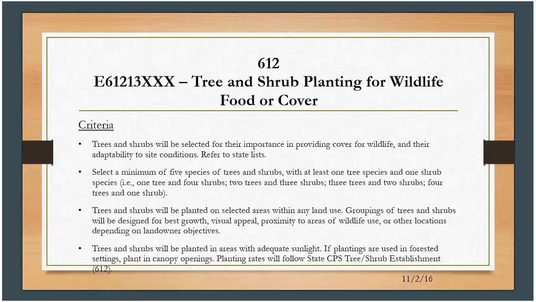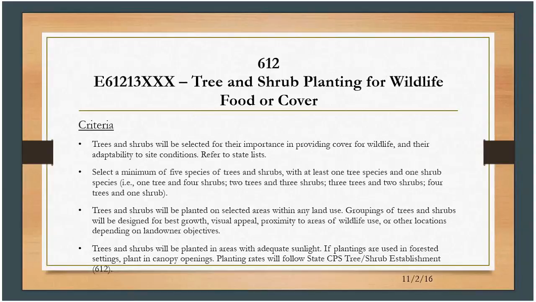The criteria for the tree or shrub plantings for food or cover for wildlife are that the trees and shrubs would be selected based on their importance for providing cover for specific wildlife and their adaptability to specific site conditions. And it says to refer to the state list.